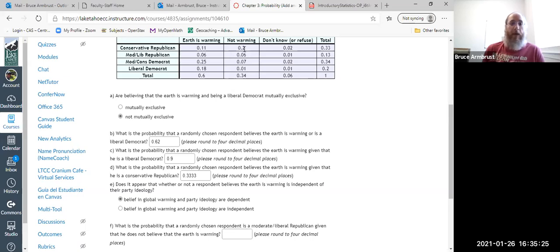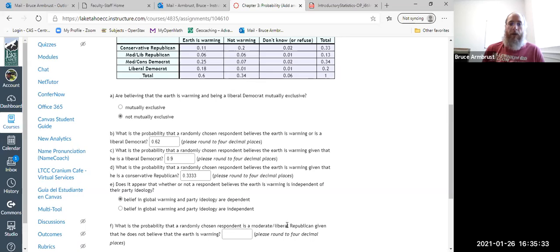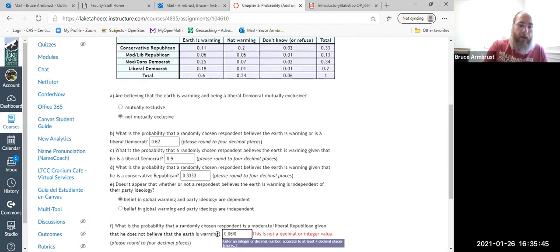So we're going to set this up the same way, right? Out of all of these 0.34, how many of them are moderate/liberal Republicans? Well, that's that second entry, which is 0.06. So the calculation I'm going to do is 0.06 divided by 0.34, right?